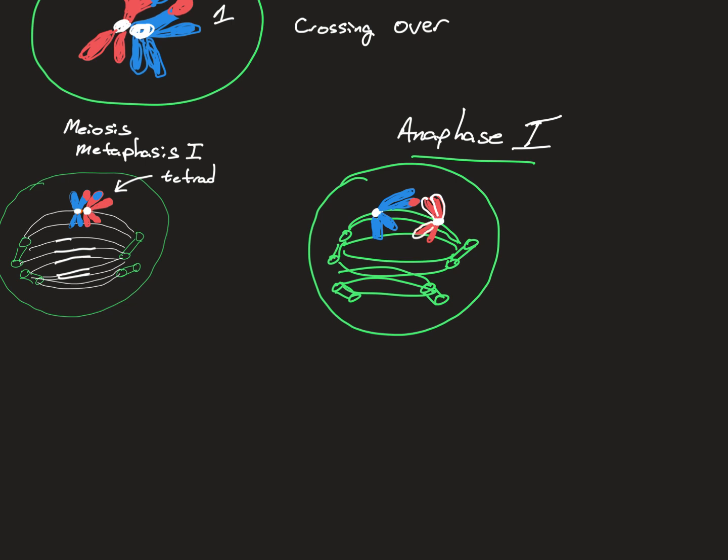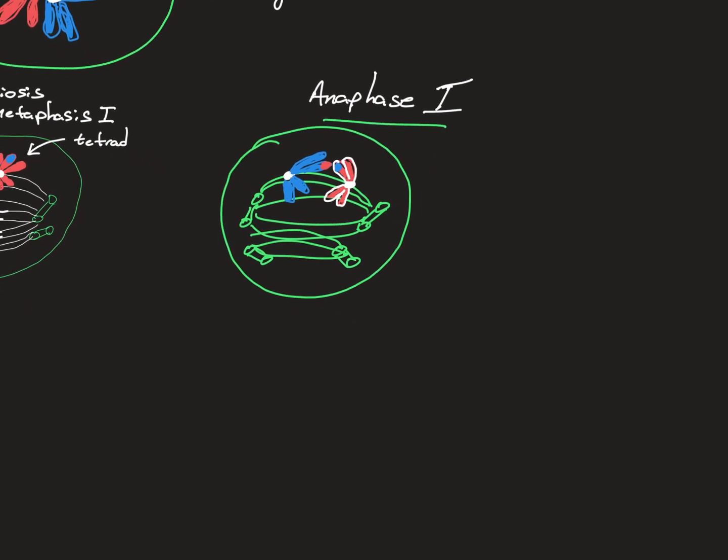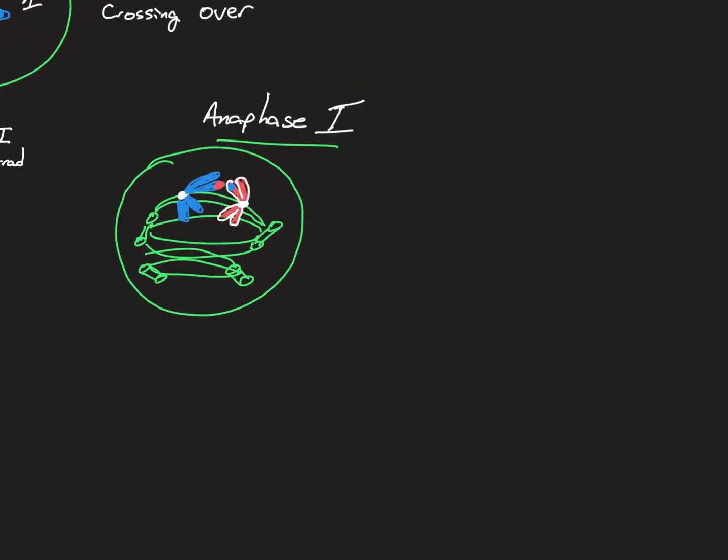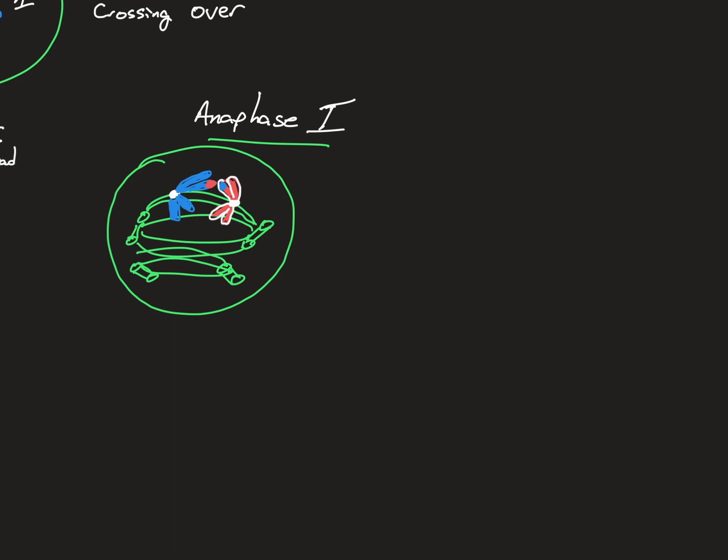Just drawing the white line so you can see a little better. So one's going in one direction, the other's going in the other direction, remembering, of course, that this also has a blue tip. So then, after anaphase, you have telophase, correct? Is that anaphase with meiosis? Anaphase 1. If it says 1, it's meiosis.